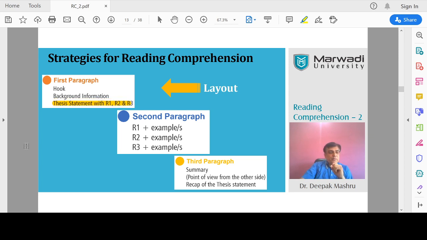Background information is something that we copy from the topic. A hook is a quotable quotation, or any catchy caption, word, phrase or sentence. Here the author talks about the thesis statement. That means in paragraph writing we write what our stand is, with reason. And in the last paragraph we have a recap of the statement.